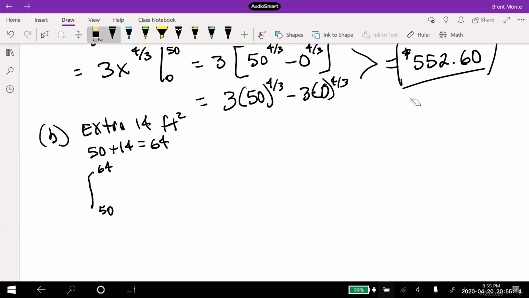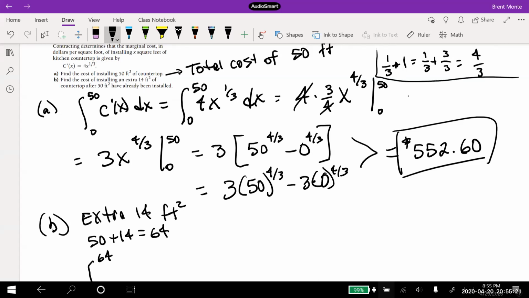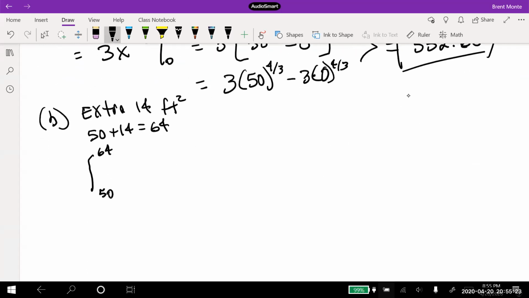All right. So now when I do that, it's the same function. It's still 4x to the 1/3. And so I still get 4 times x to the 4/3 times 1/4 from 50 to 64.